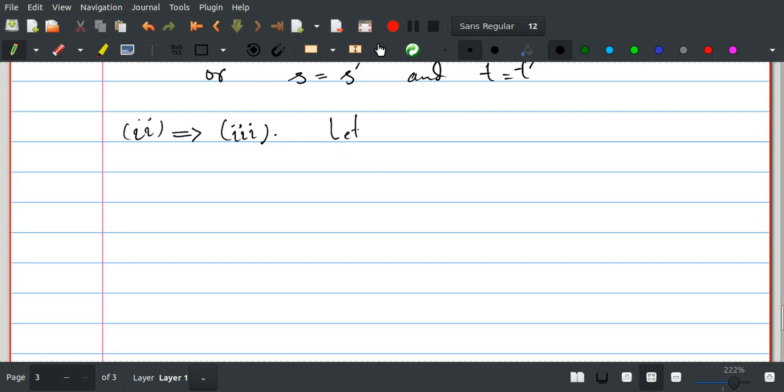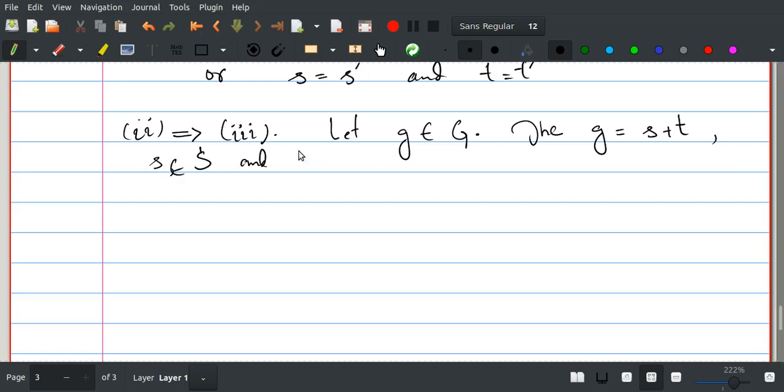Let g belong to G, then g is equal to s plus t, where s is in S and t is in T are unique, because we are assuming second to be true.